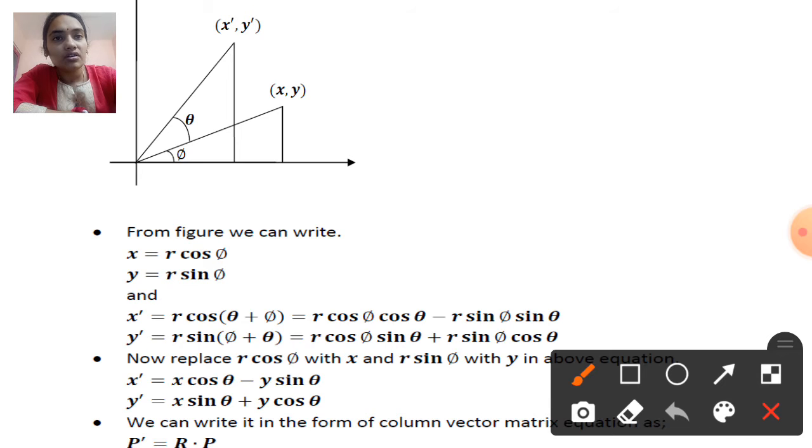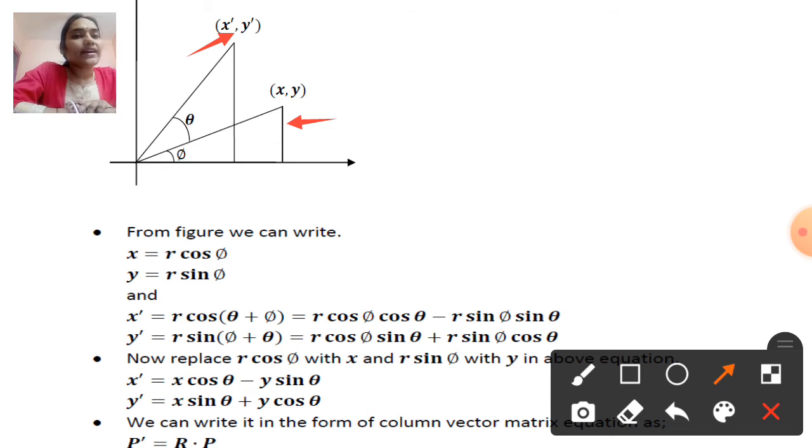This is your angle, triangle. And we rotate this triangle to this position. This one is your original position and we rotate this angle to this position. Here x equal to r cos phi, y equal to r sin phi. That means here we find out x dash and y dash, which is your destination location.